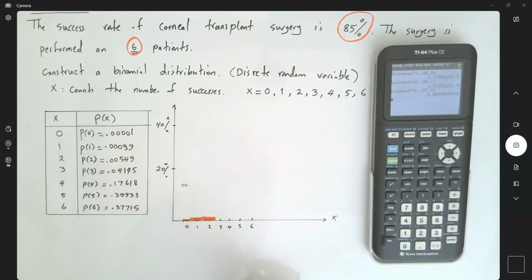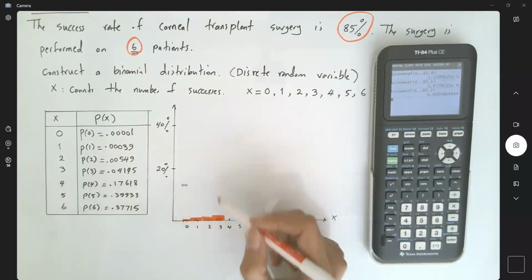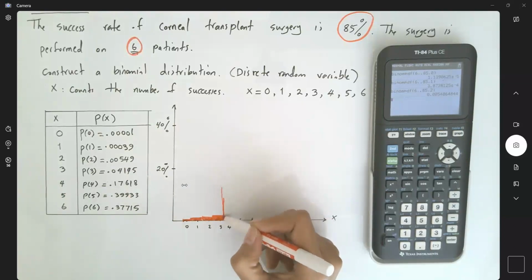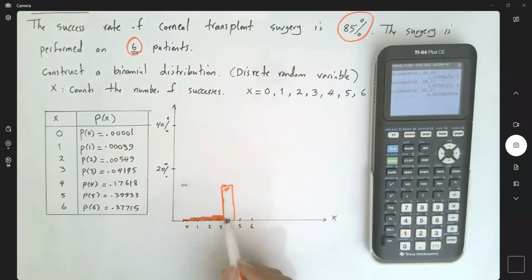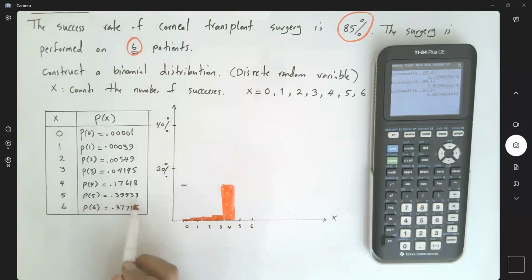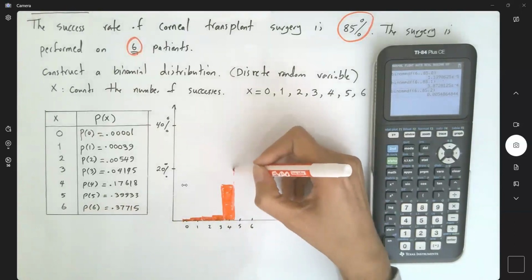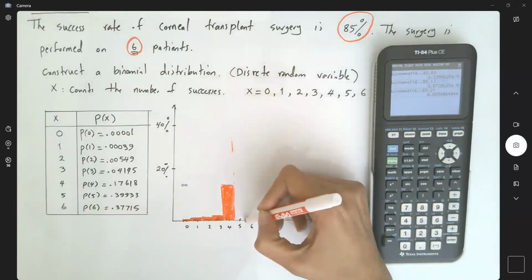And then you're going to have about 4%, so 4% is going to be a little bit up here. And for 4, you have 17%. Okay, 17%, so this one goes up here. And the probability X equals 5 is 39%, so it goes up near 40%.